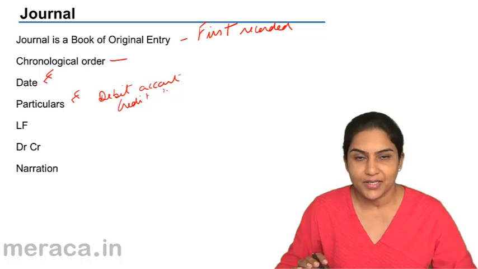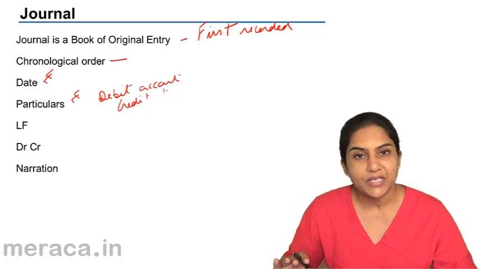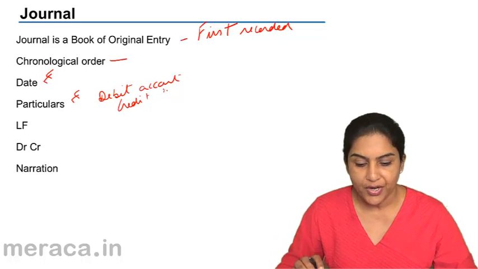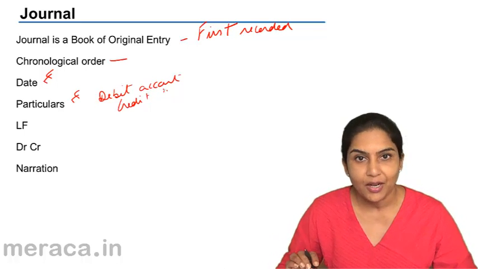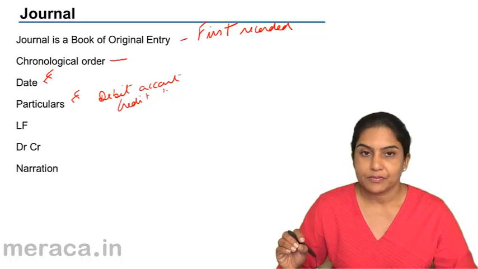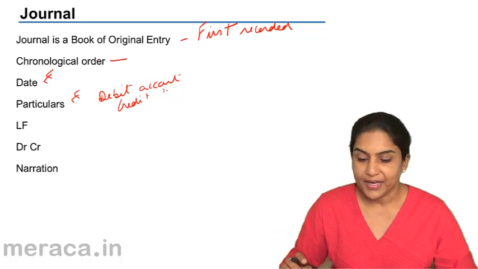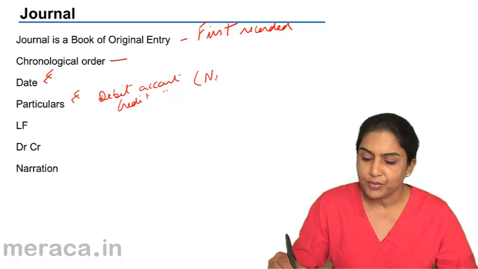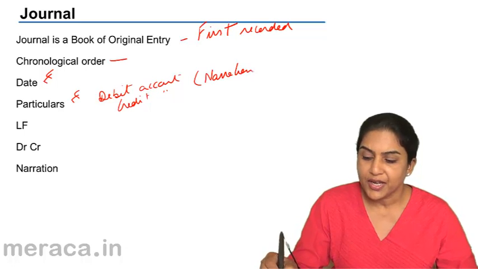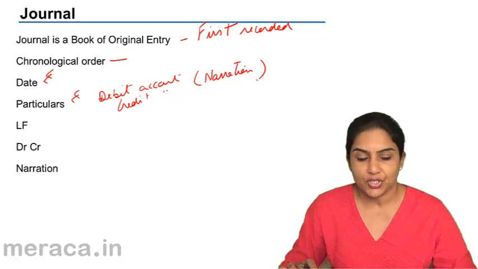But just to understand that the journal is a book of original entry where all business transactions are first recorded in a chronological manner. The date of the transaction, the particulars, meaning the account to be debited, the account to be credited, and a small note, what is called a small narration explaining the transaction, is entered in the particulars column.